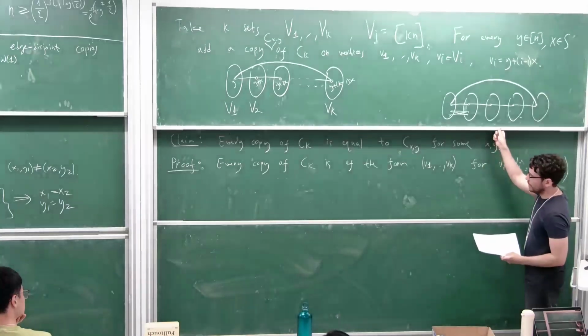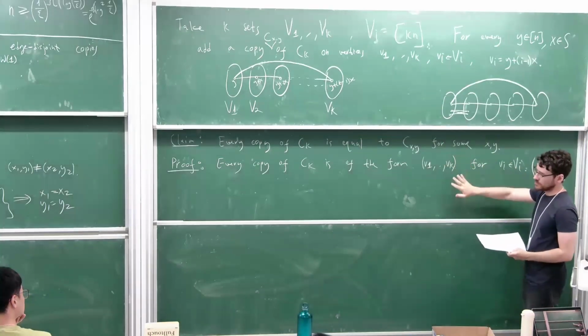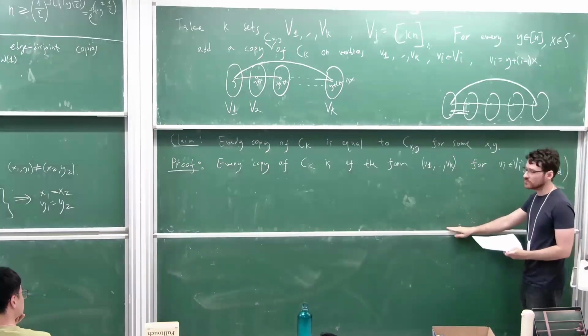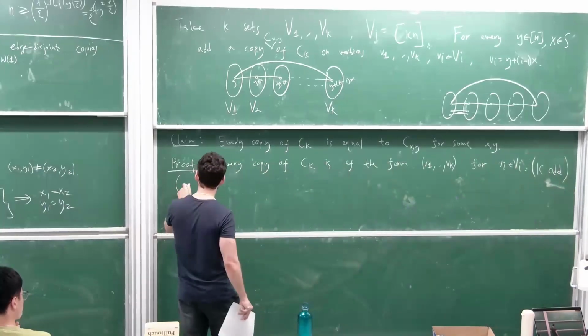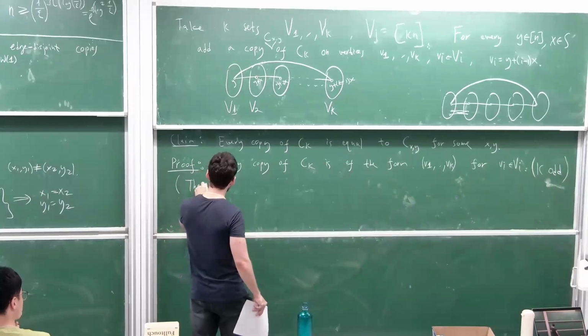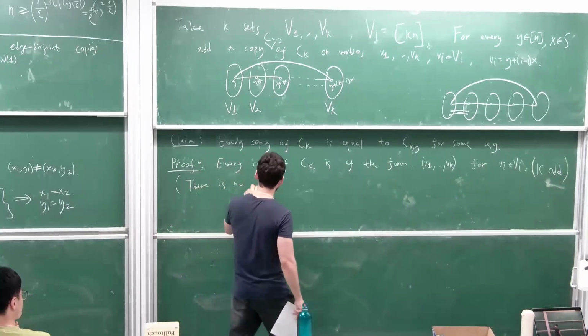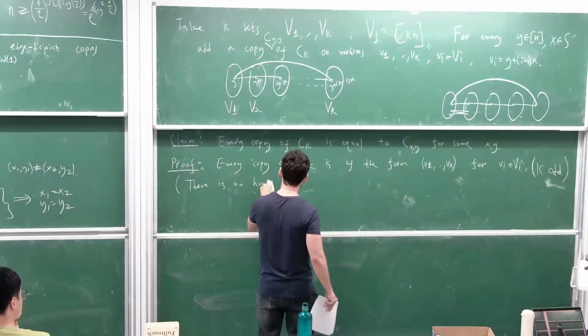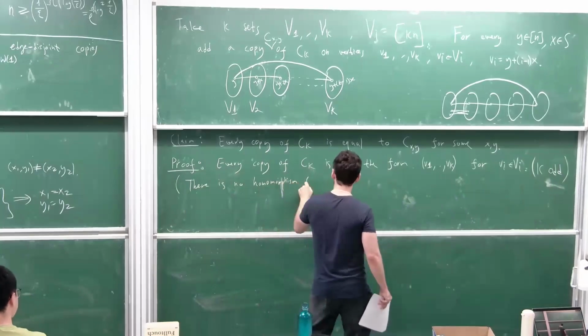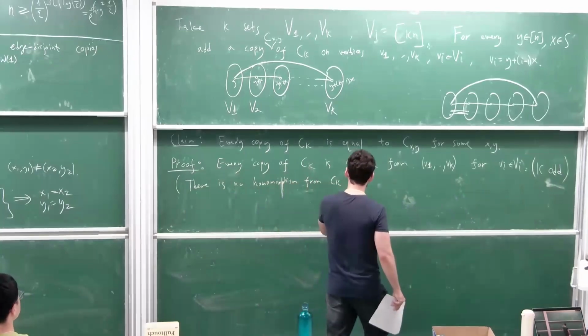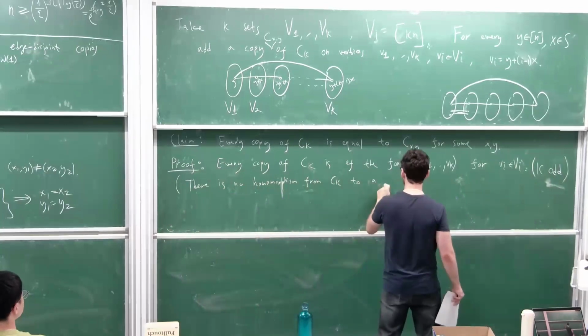So you can have copies of C4, for example, that go like this. Now, I will not prove this sentence, so you can think about it. It's not difficult to convince yourself it's true. So one way of saying this is that there is no homomorphism of CK into a proper subset.